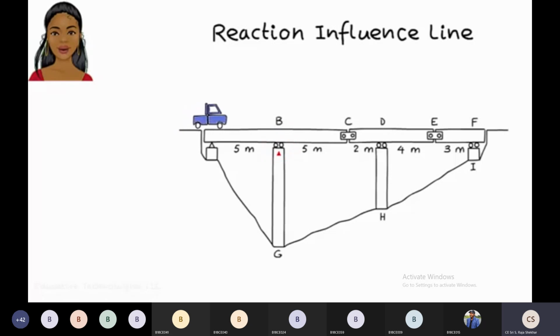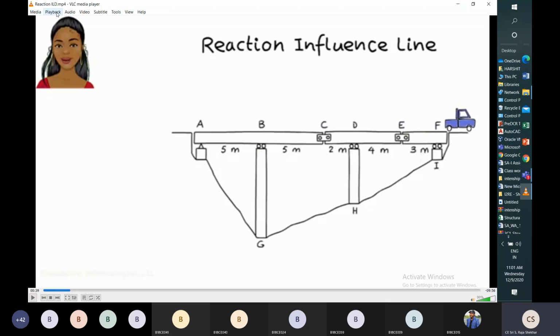Observe this animated video carefully. So that represents the variation of reaction in BG when the unit point load is moving from A to F.